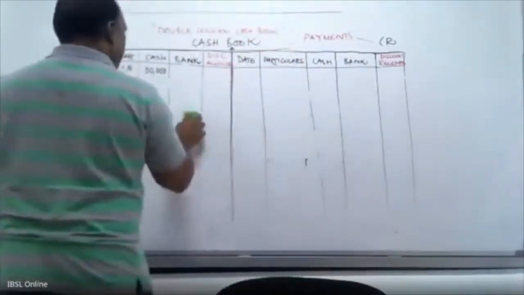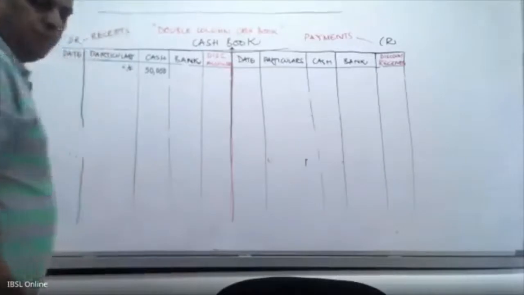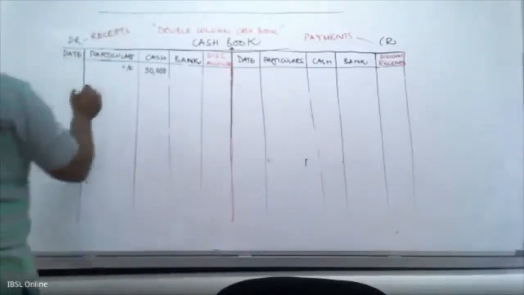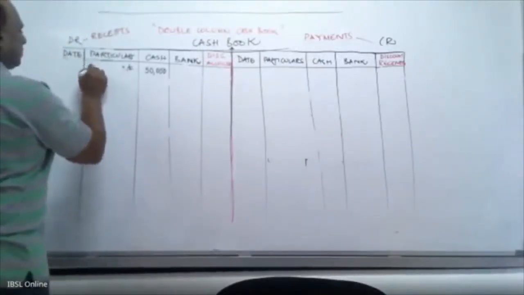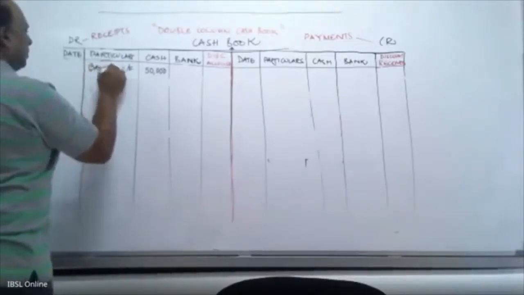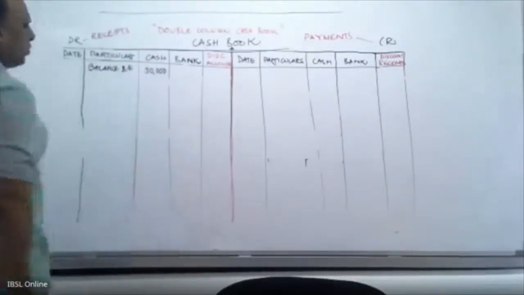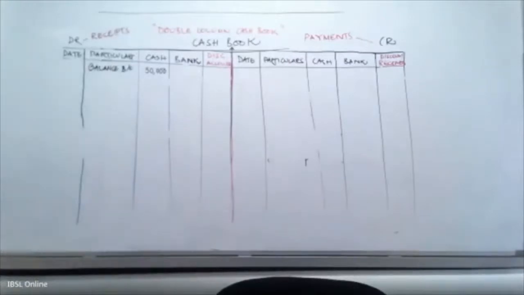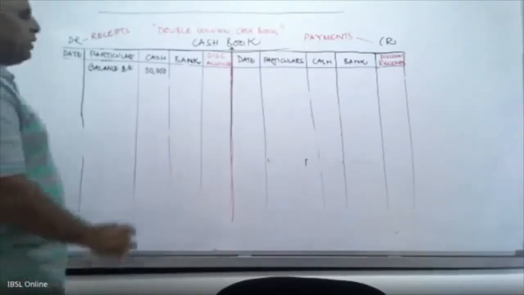Now let's assume your company cash book at present has 50,000 rupees, and you have decided to start a petty cash in your business. You would like to give the petty cash officer 20,000 rupees at the beginning of the month.